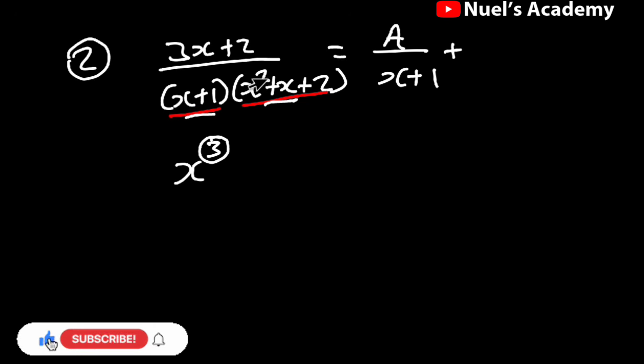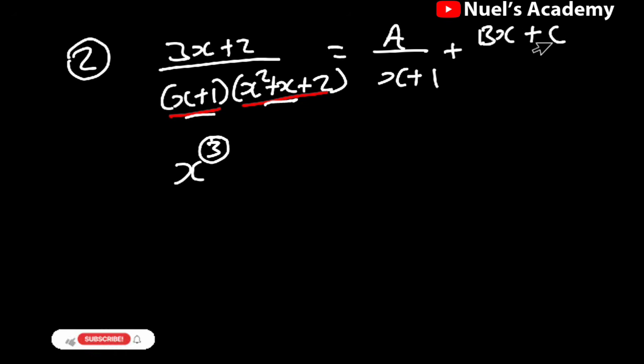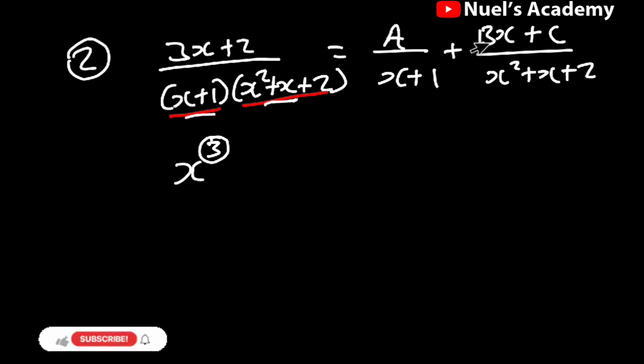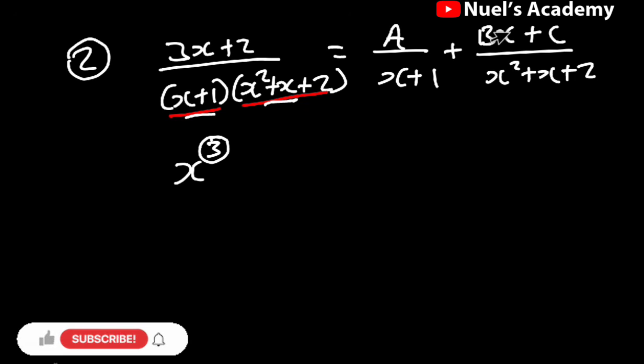Now, if you look at this term here, you see that we have x squared. So if we want to represent this factor, we're going to write bx plus c, then divided by x squared plus x plus 2. Now, if you have x squared here, you start with bx, that is, you remove 1 from this degree, it will be only x, that is this x here.